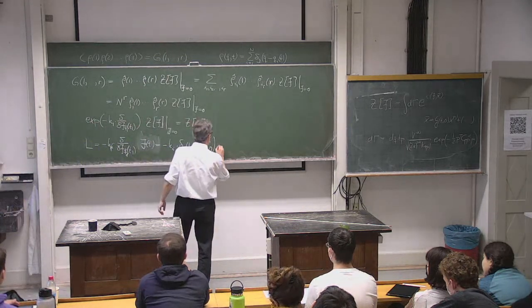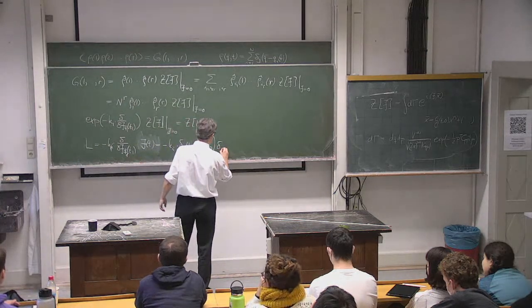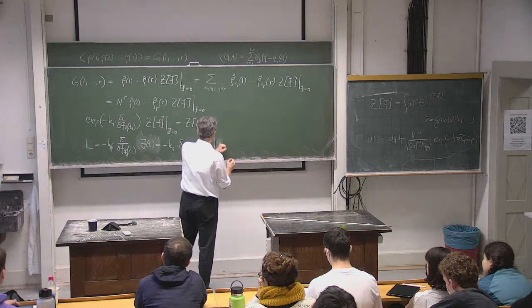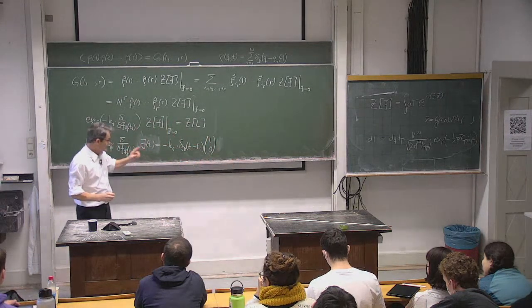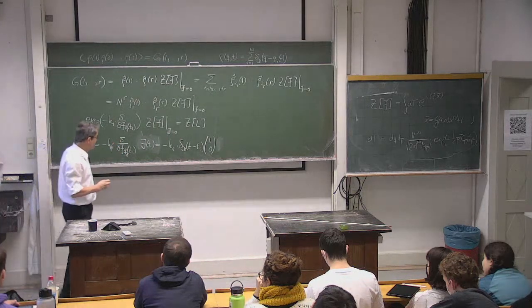Then it's going to give me a Kronecker delta, but that I have to explain in more detail.